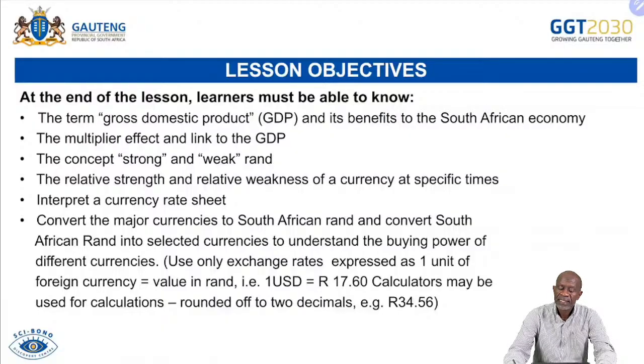And we are going to look into how it benefits the South African economy. We are also going to look at the concept of multiplier effect and how it is linked to the GDP, your gross domestic product.